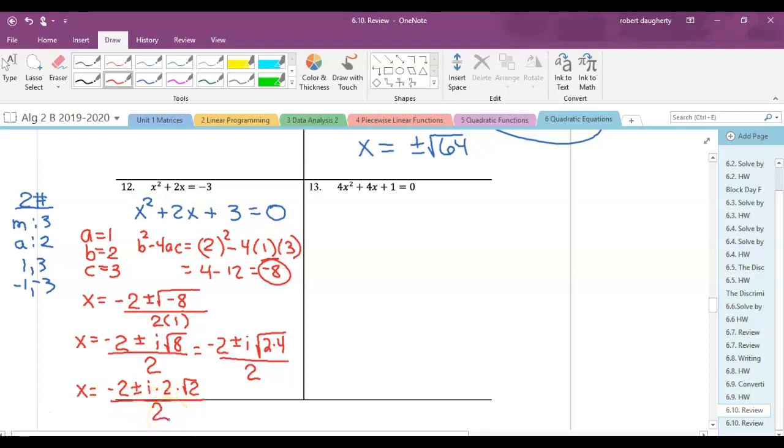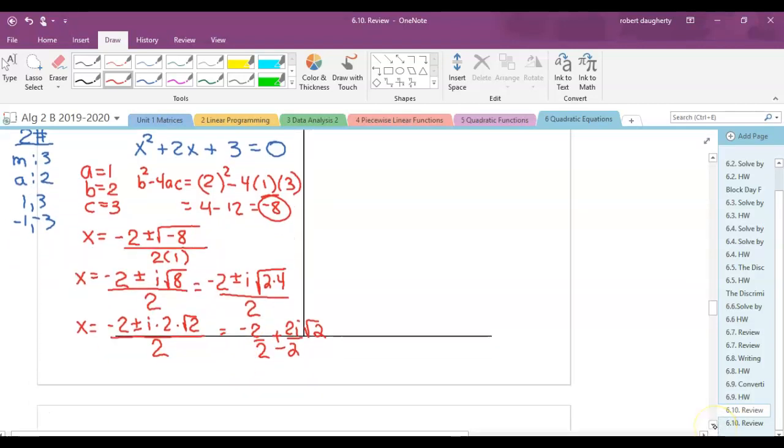A lot of 2's there that I can simplify. So this is x equals negative 2 over 2 plus or minus 2i over 2 times the square root of 2. So this simplifies to x equals negative 1 plus or minus i square root of 2.